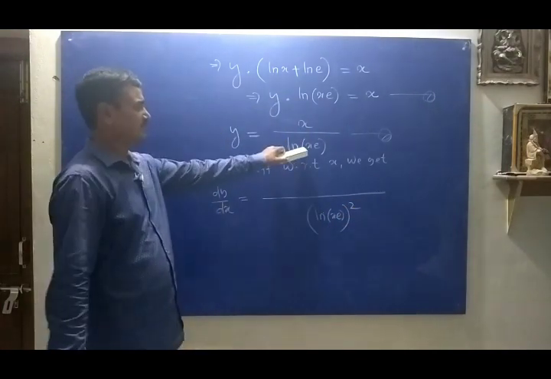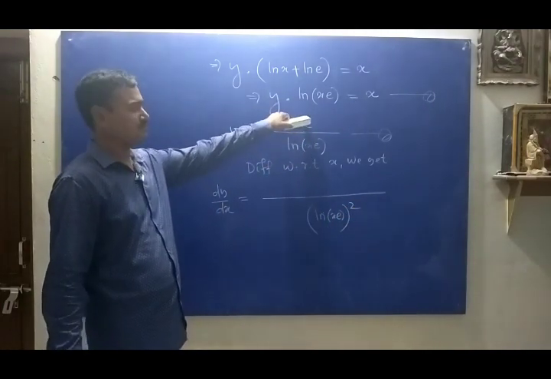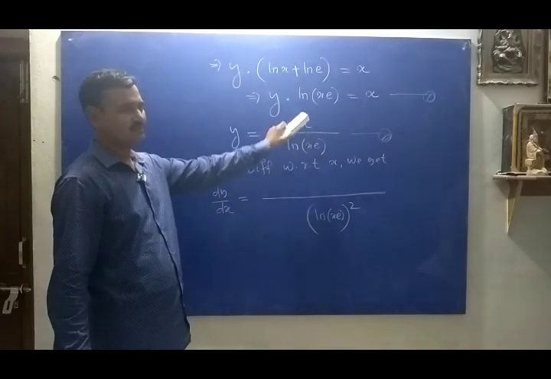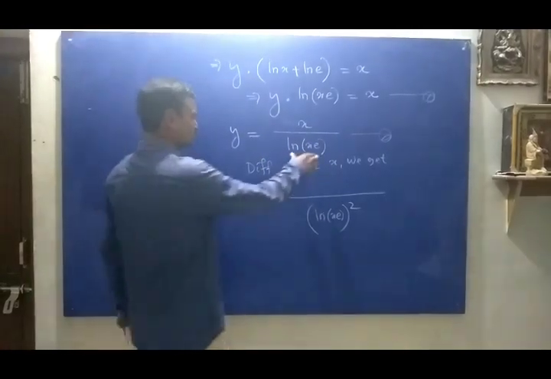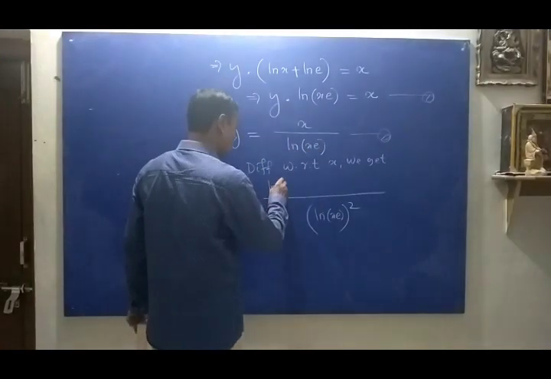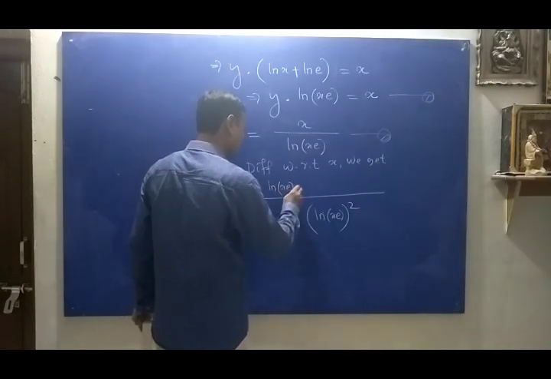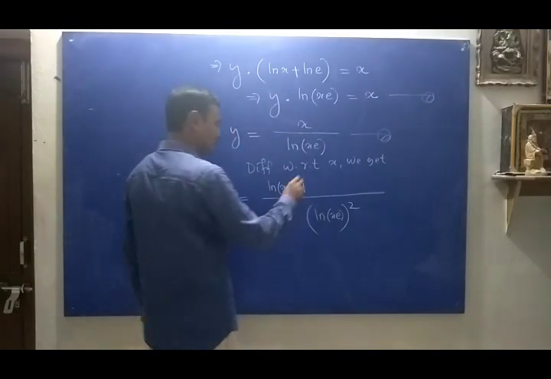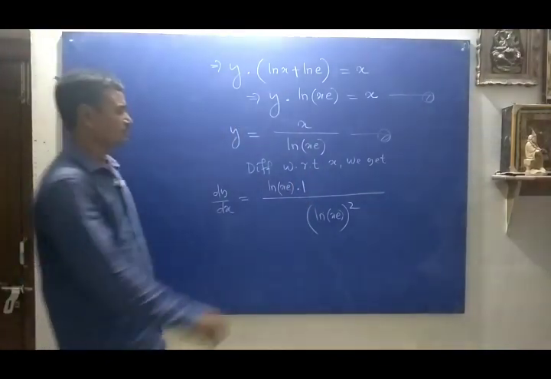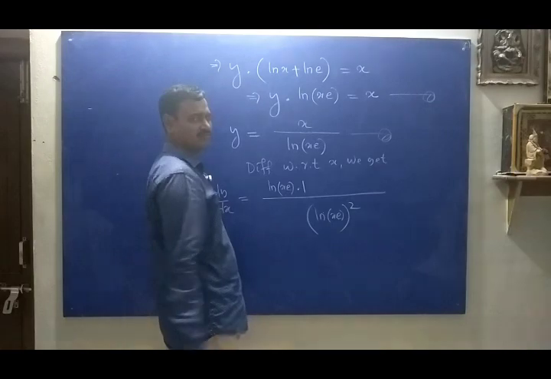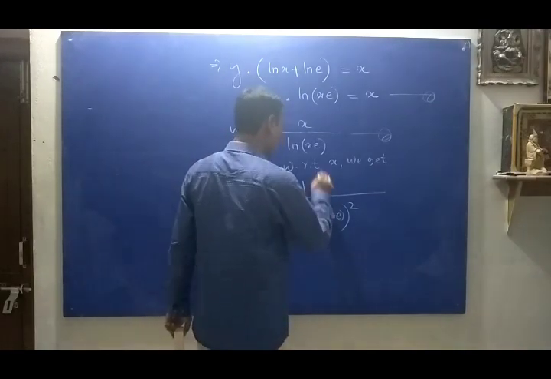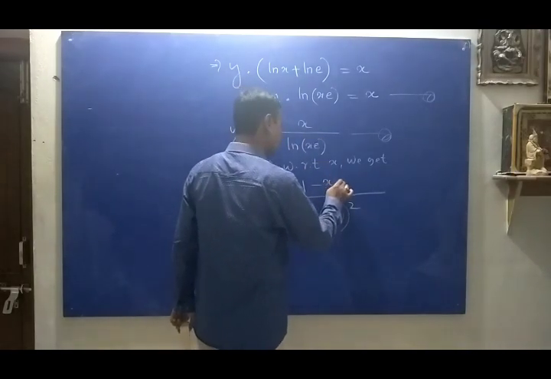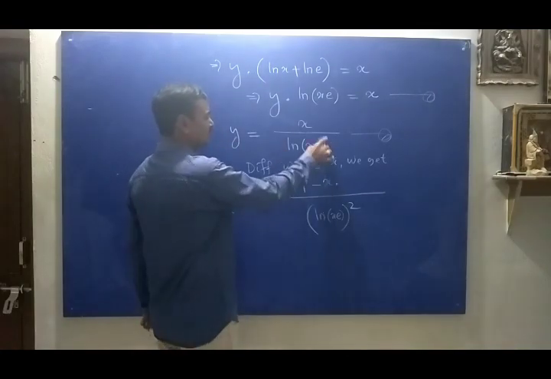Next, v into derivative of u minus u into derivative of v. So what is v? Ln of ex into derivative of x. So derivative of x is 1. So v into derivative of u minus u, and what is u? x, into derivative of v.